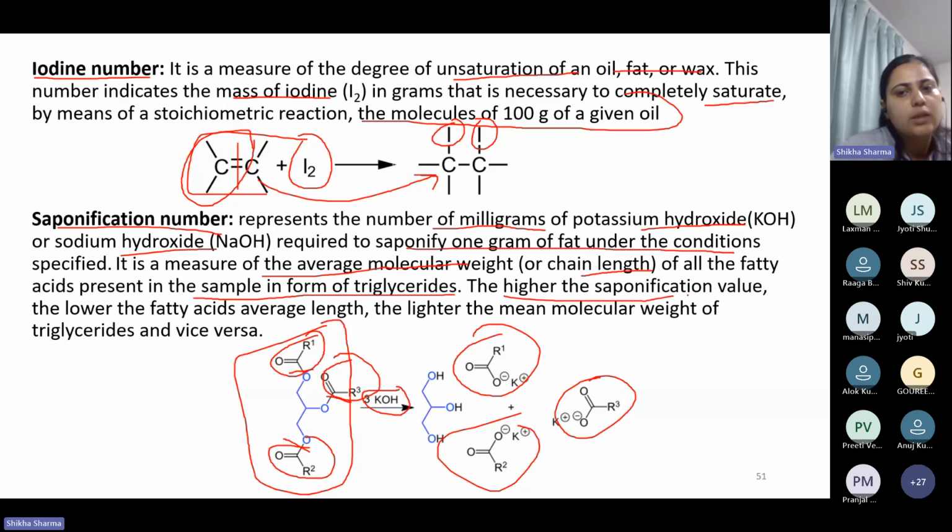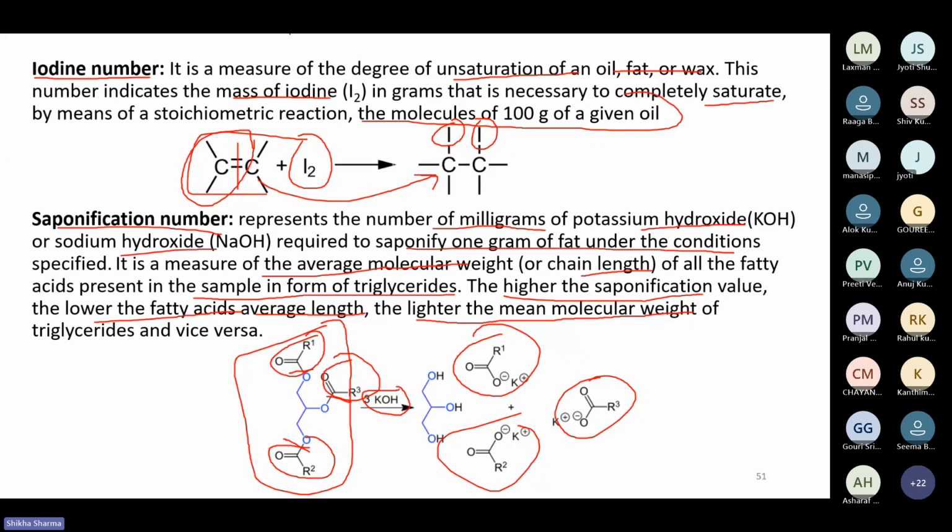The higher the saponification value, the lower the average fatty acid chain length. If the saponification value is higher, the chain length is lower, and in terms of molecular weight, the molecular weight is lower. So it is inversely proportional to chain length and molecular weight.